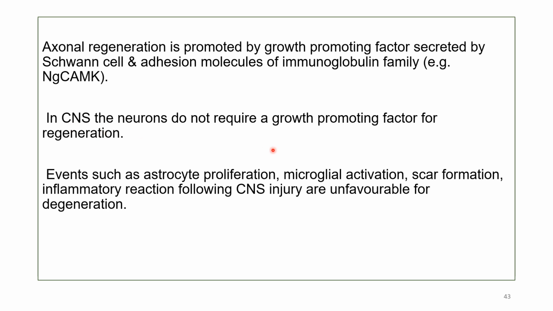So here in the CNS, there is no role of growth promoting factor because there is activation of the microglia and activation of the astrocytes. And there will be formation of scar and an inflammatory reaction if the nerves are damaged in the central nervous system. So all these are unfavorable for regeneration to be possible in the CNS.